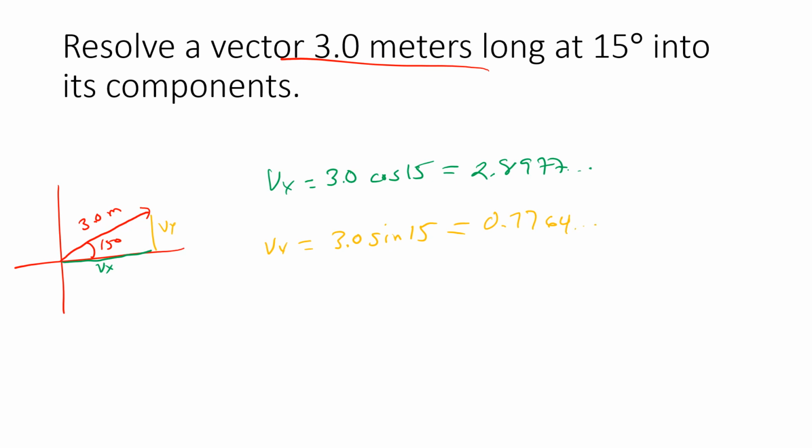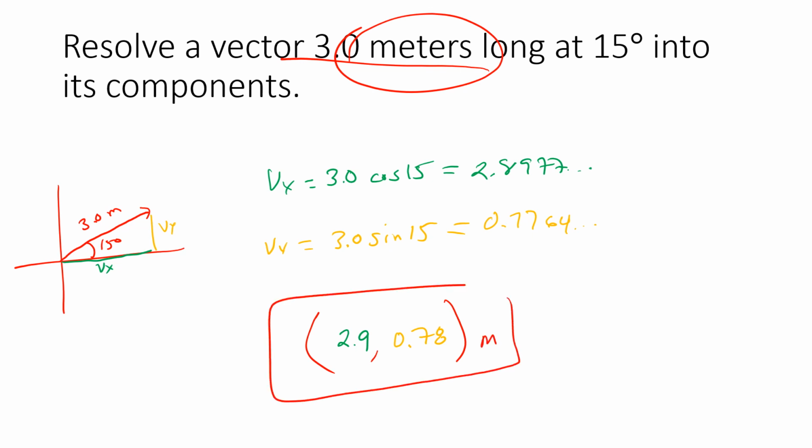So my answer, my x component with the sig figs is 2.9, comma, then my y component is 0.78, close parentheses, and then my units in the problem is meters. Then box it in. I do this like this to make sure that you can see where the numbers are going.